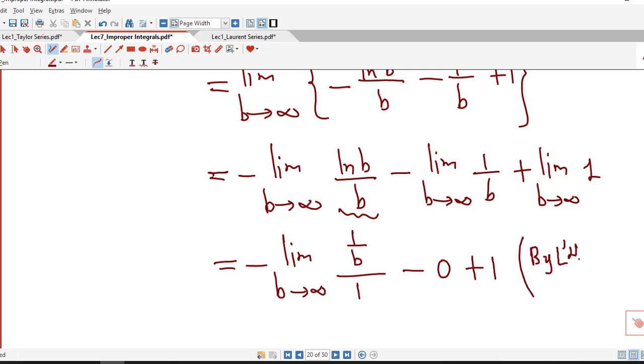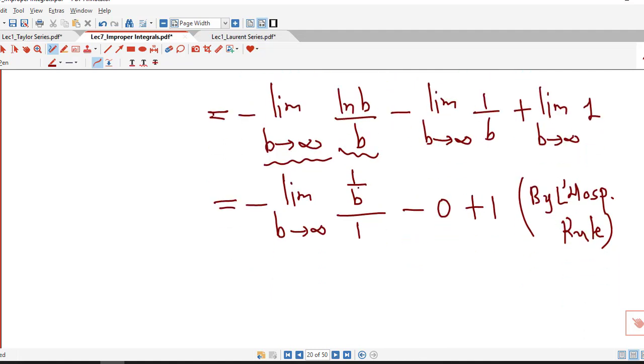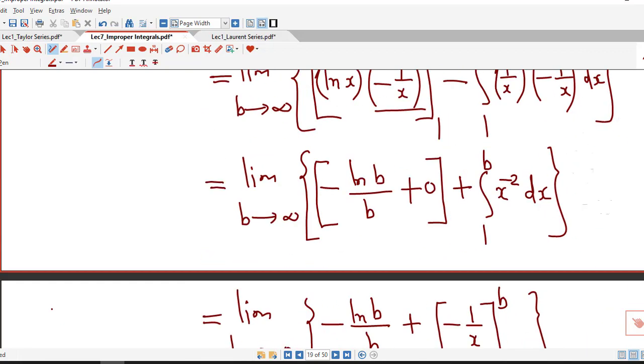In the first step we have applied L'Hospital rule because this limit is an indeterminate form of type infinity by infinity. Now this is limit of 1 by b as b tends to infinity, so it is 0. So we obtain that the value of this improper integral is 1.